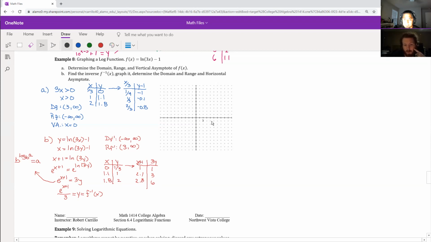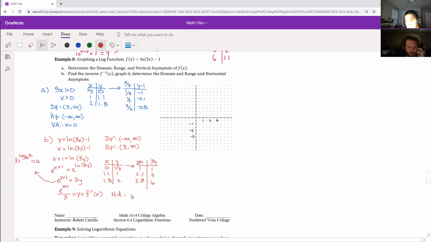So this will be 1, 2, 3, and then -1, -2, and then -3. So we're scaling everything by 2. All right, so let me go ahead and put in my asymptotes real quick. Oh, I didn't put in my horizontal asymptote. Where will it be at? Let's see.